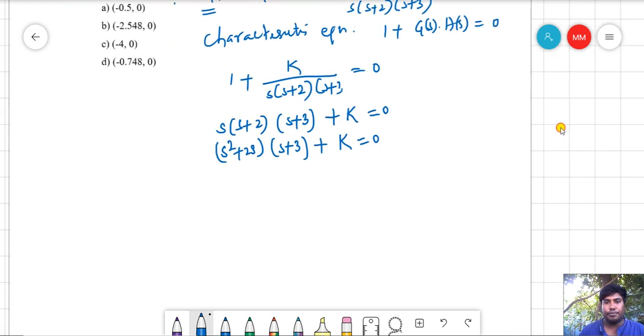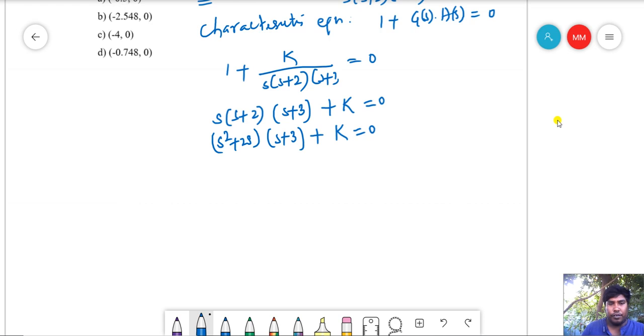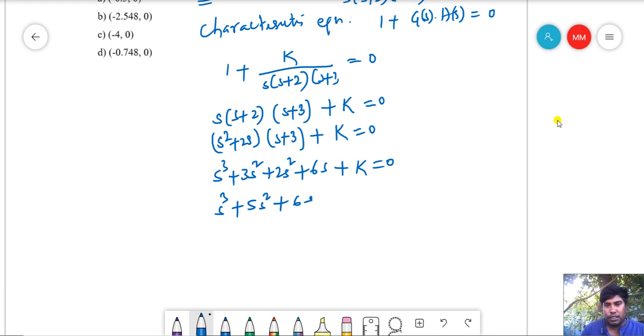See here, s³ + 3s² + 2s² + 6s + K = 0, and so s³ + 5s² + 6s + K = 0.